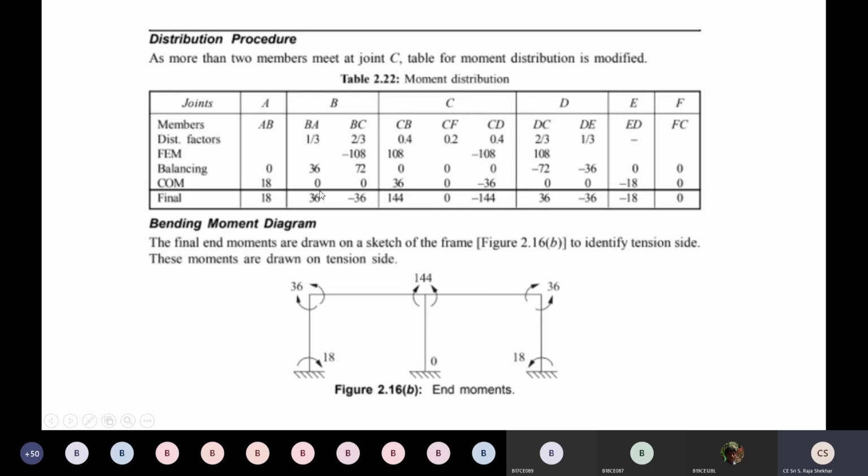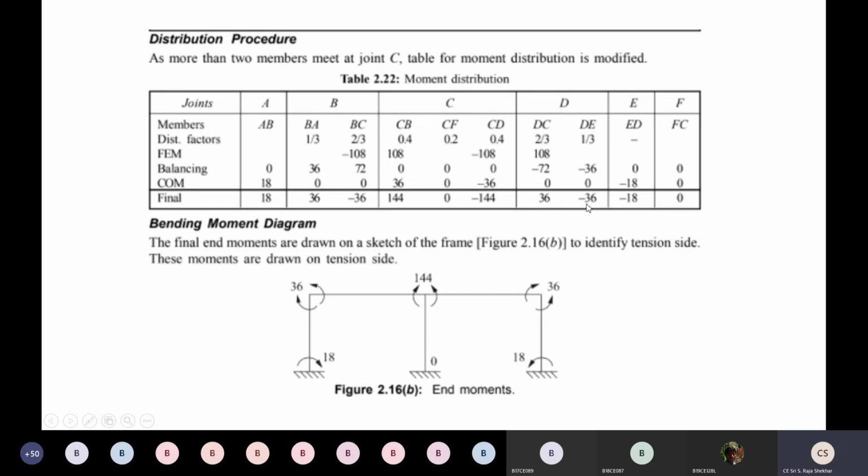After that, you sum all the moments. After that, you check whether each joint equilibrium equation is satisfying or not. At joint B, 36 minus 36, the joint equilibrium equation is satisfying. For the joint C, 144 minus 144. That means the summation of these moments is equal to 0, so the joint equilibrium equation is satisfying.